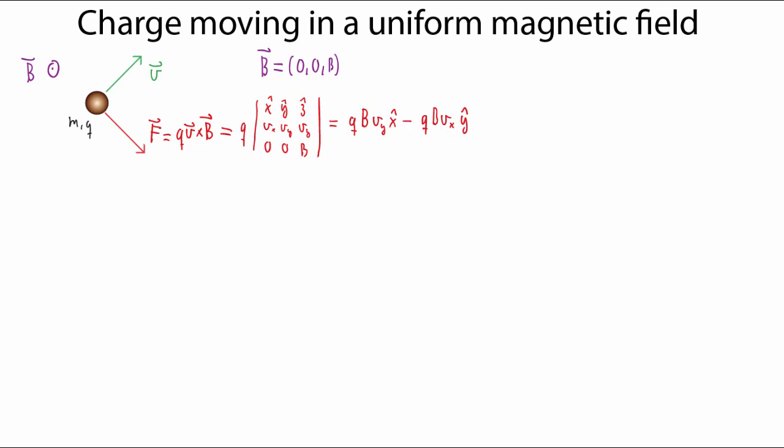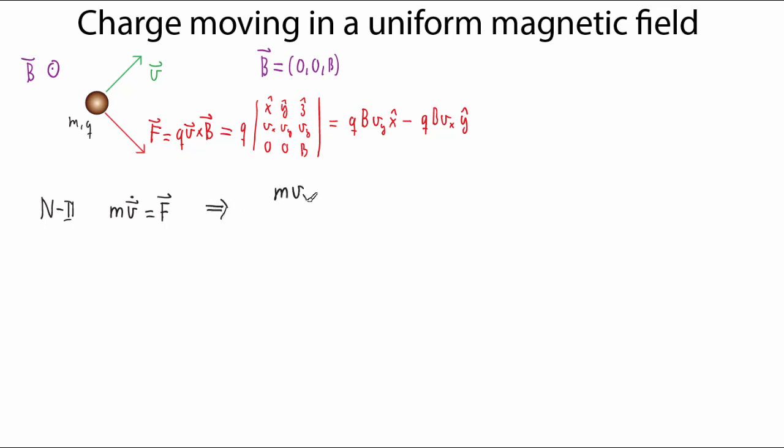We then apply Newton's second law. It says that mass times the time derivative of velocity, which is the acceleration, equals the force. And this is the force that we have right there. So this gives us now three equations, because this is a vector equation. We can write it out then in component form.